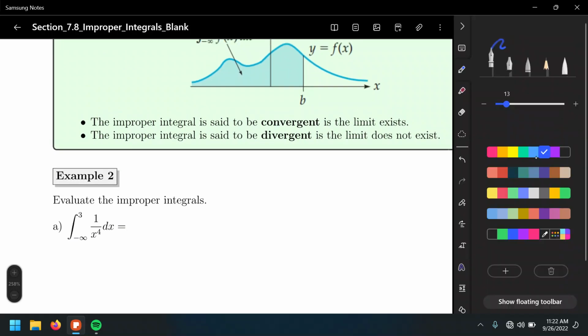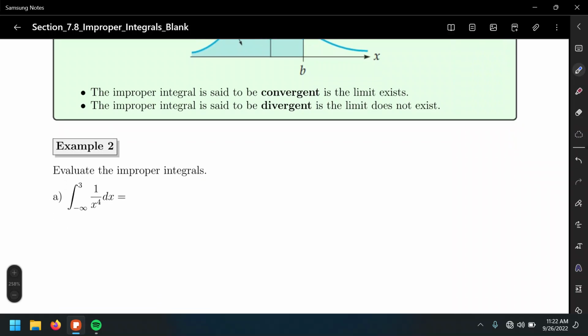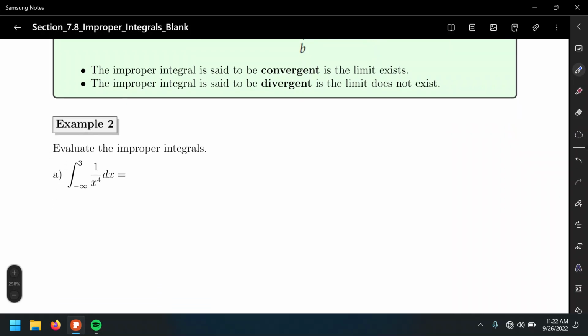So let's look at a couple of examples. What do we have? The integral from negative infinity to positive 3. How about we change this into a limit problem? Limit, not with b approaching infinity, but this time with a approaching negative infinity.